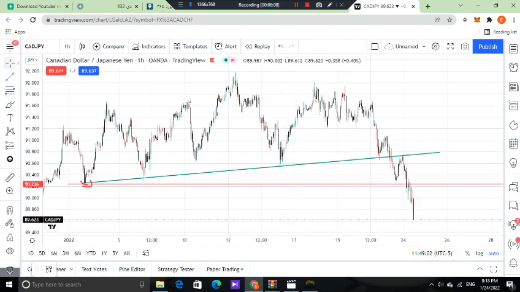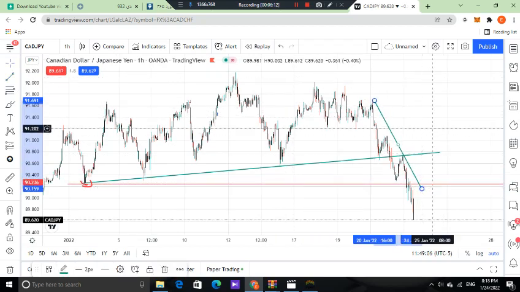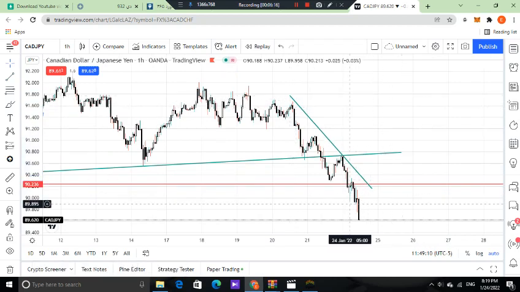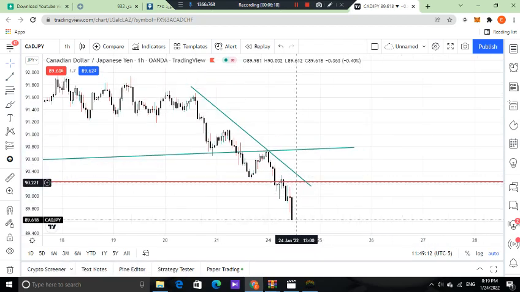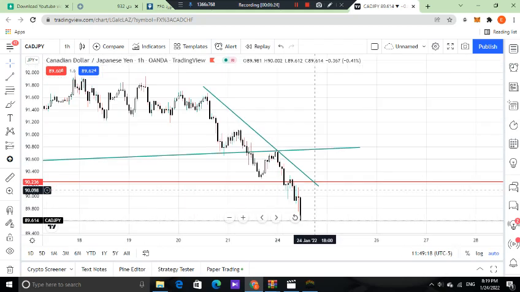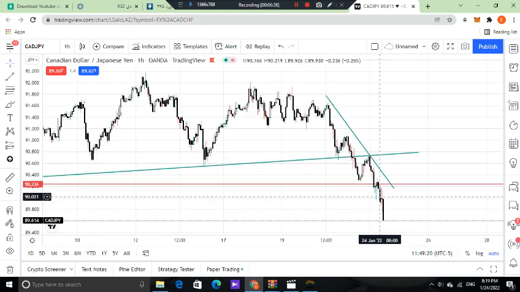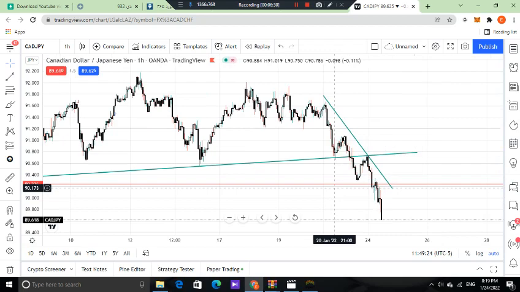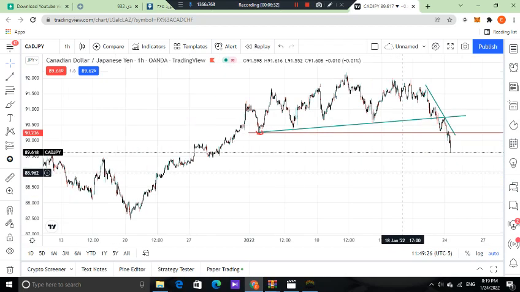And if you draw a trend line here, you see at some point it didn't touch this trend line anymore, which means we are dealing with a strong bearish trend.